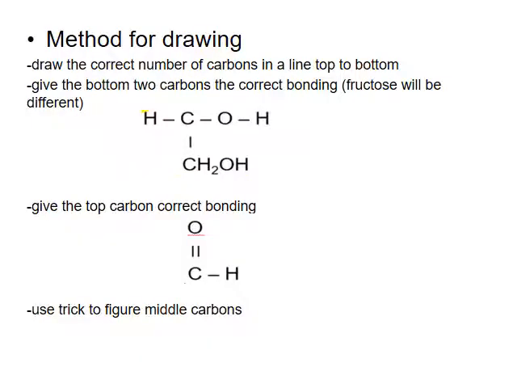Right, now the method to draw all the monosaccharides is this. First of all, you draw the correct number of carbons. So let's say you have a pentose, so you know that's 5. Next thing you do is that all of them have the same bottom.